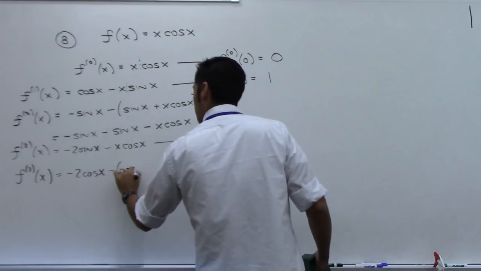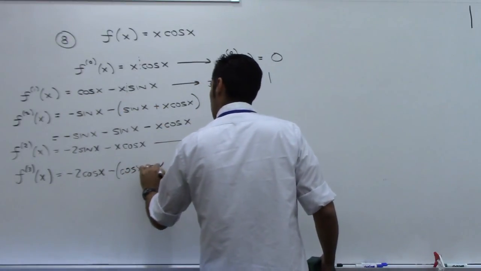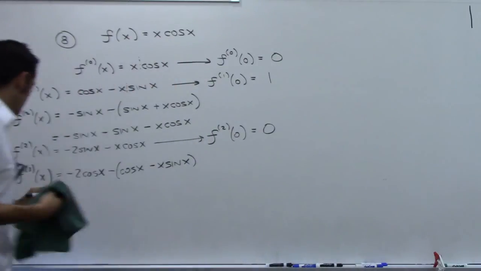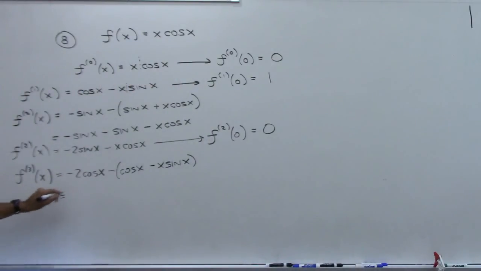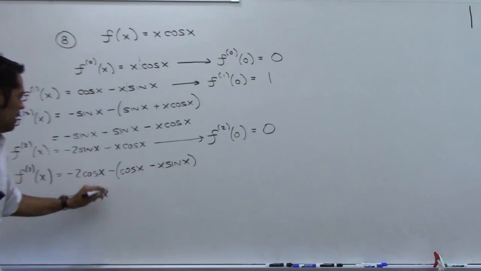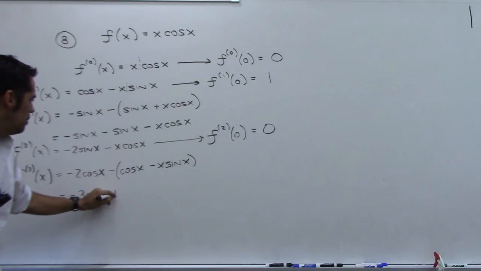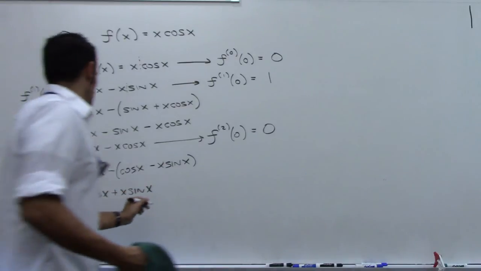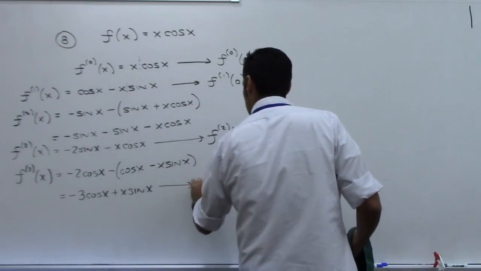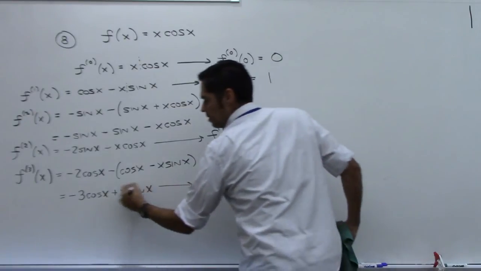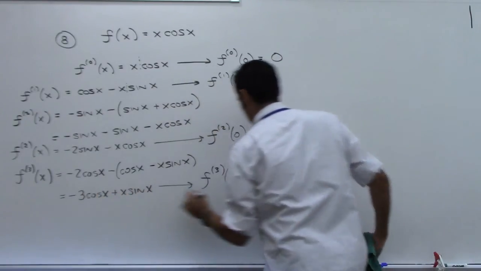So minus cosine x minus x sine x. And cleaning up here, distribute the negative through, I get negative 3 cosine x, and then plus x sine x. If I plug 0 into this, 0 kills this off. Cosine 0 is 1, so I get negative 3.